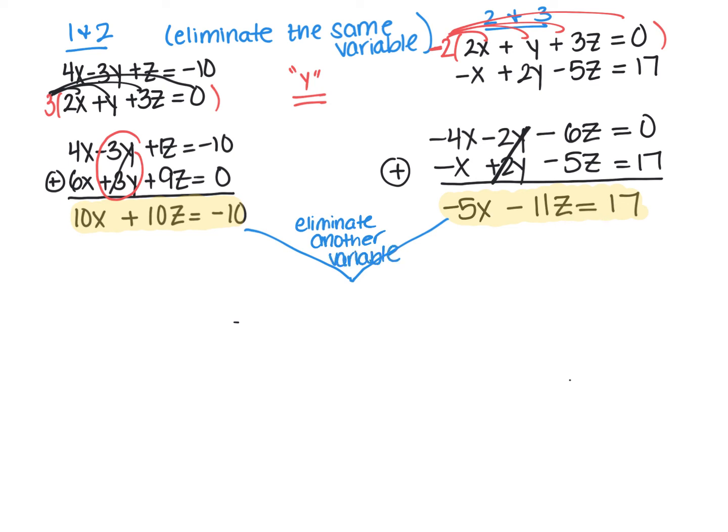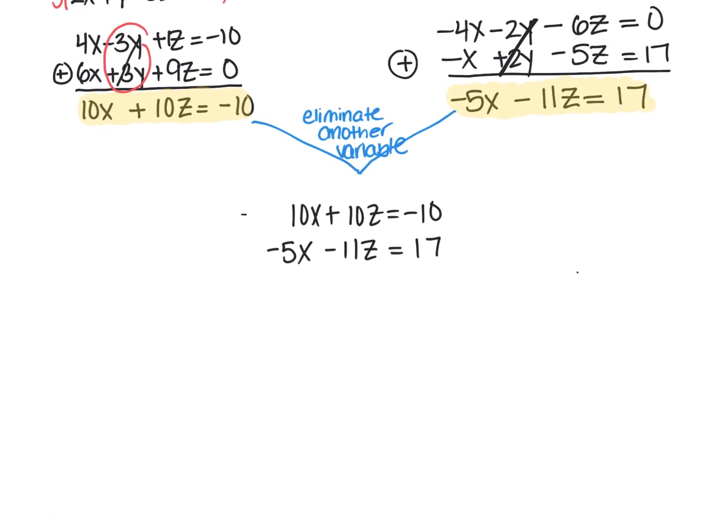So we have to write them on top of each other. So we've got 10x plus 10z equals negative 10. I have negative 5x minus 11z equals 17.